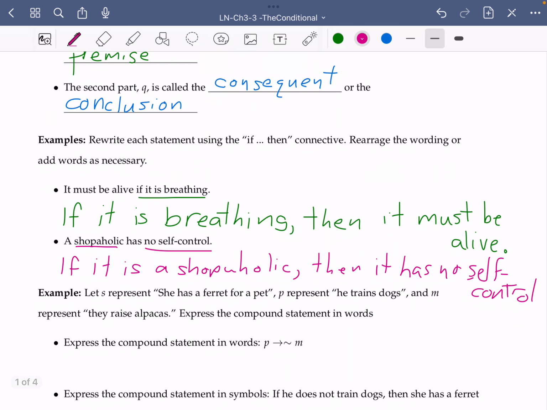So those are our if-then statements. We can translate those into words, we can move our wording around.